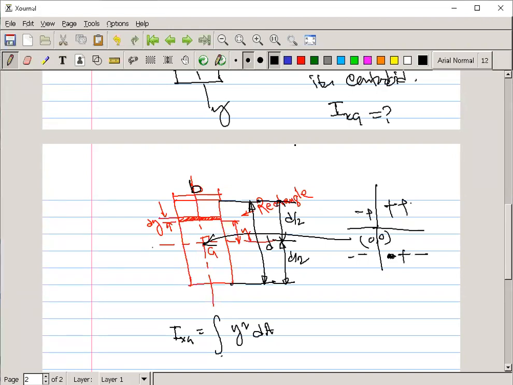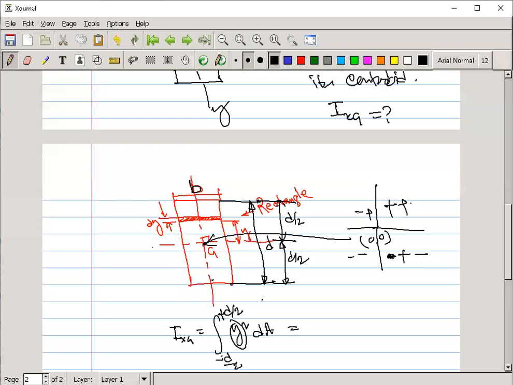So what you have to do is put this value here. This is d by 2 in magnitude, and this is below the axis xx, so it should be negative: minus d by 2, and here it is plus d by 2, right? And this area is what I am talking about.